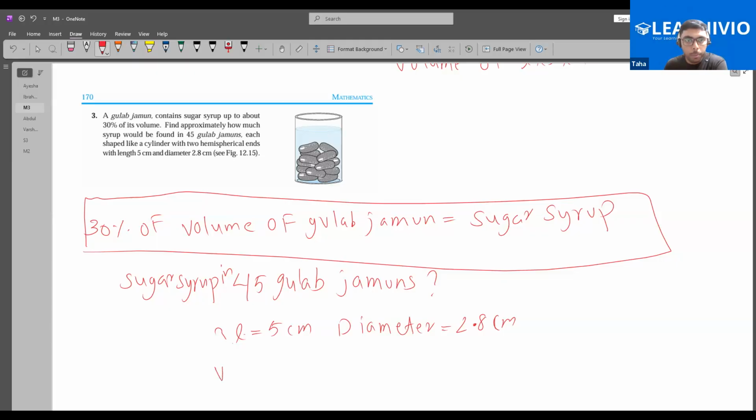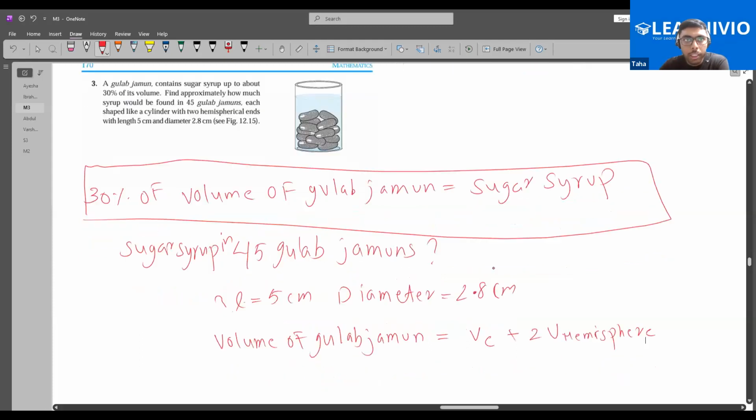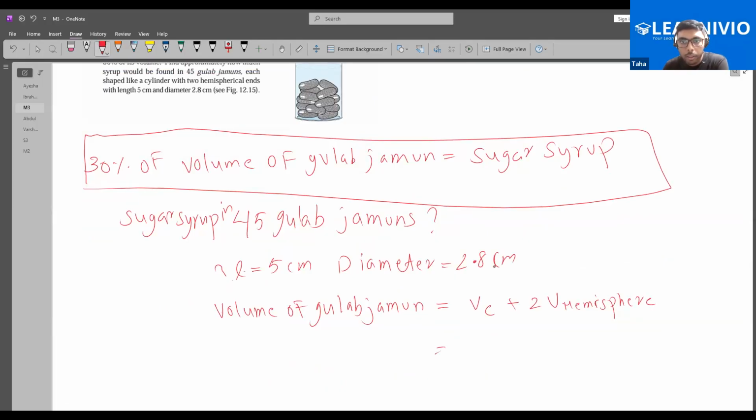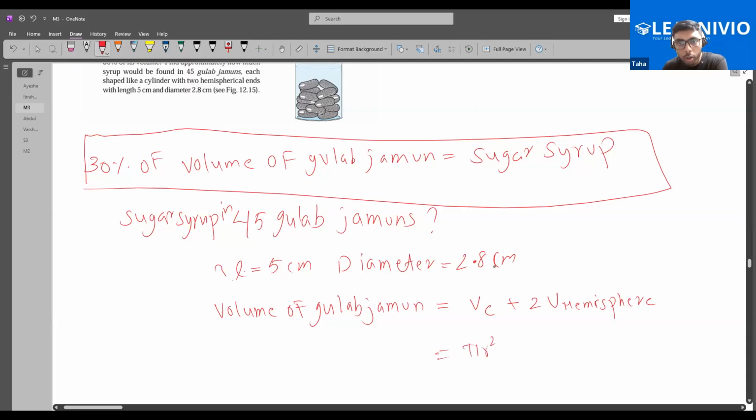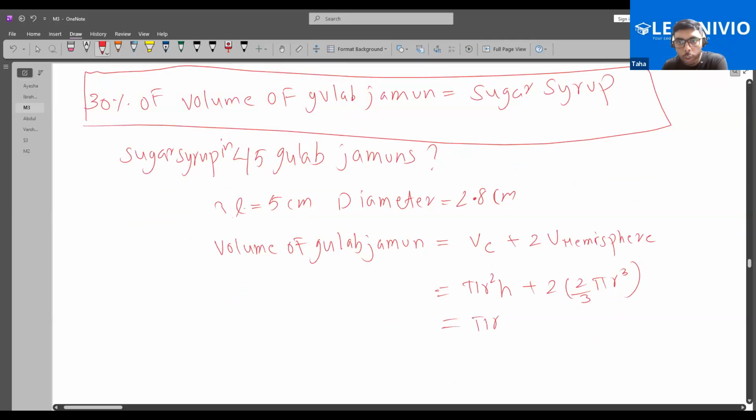So to find the volume of a gulab jamun, we are going to add the volume of the cylinder plus 2 times the volume of a hemisphere. The volume of the cylinder would be pi r square h, and 2 times the volume of a hemisphere is 2 times 2 by 3 pi r cube. A much better way to do these questions is to substitute the formulas first and try to take out the pi r square and whatever values you can.